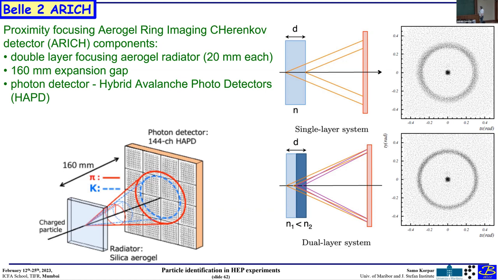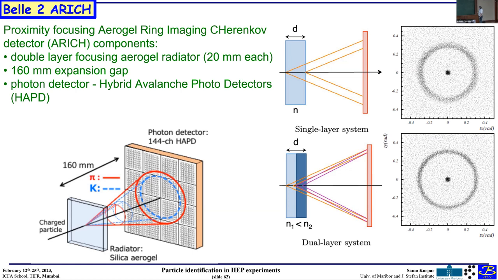So we started to test different aerogel radiators. Approximately the proper refractive index is 1.05. And if you want to have enough photons, you have to go to about 4 centimeters of aerogel, which then makes a very wide ring because the proximity focusing is not good enough.